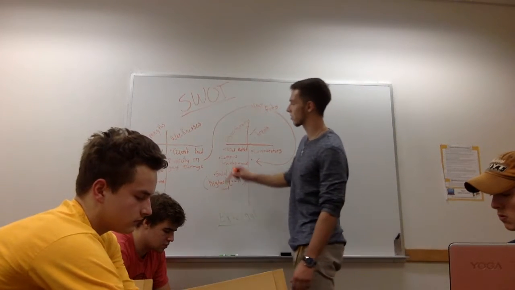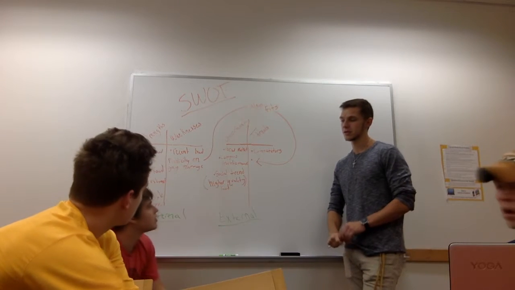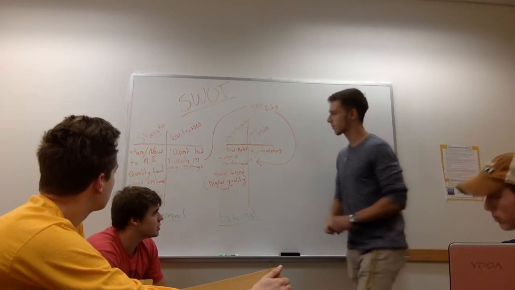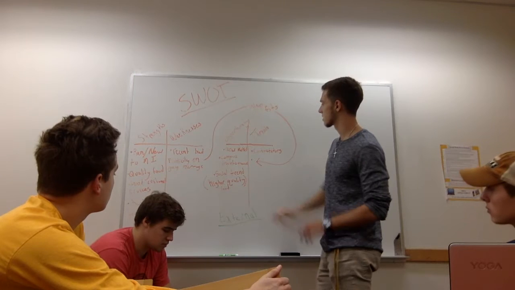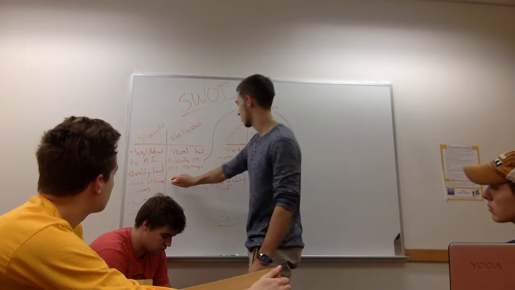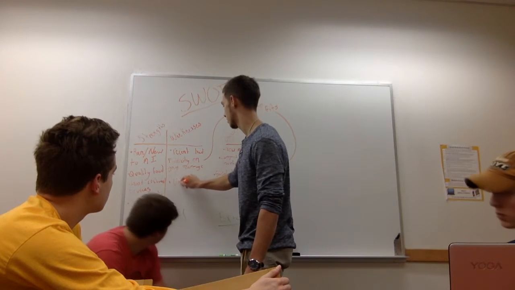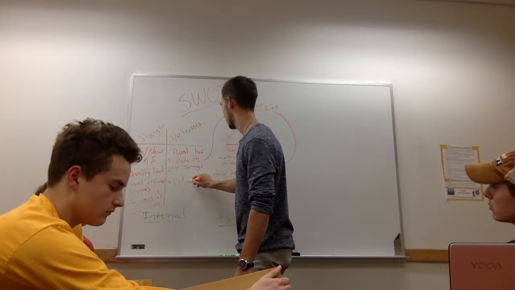But since there are so few Chick-fil-A's, you can't really do that. It can go on both sides, strengths and weaknesses. It could go under new market, but it's also an unknown market. Unknown, yeah, that's a perfect way of saying it.